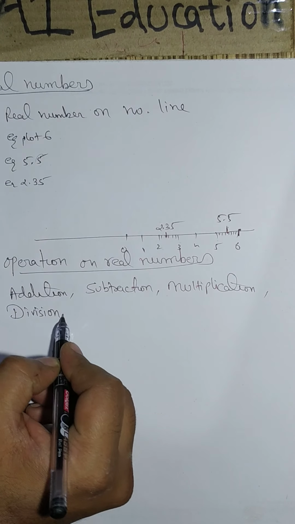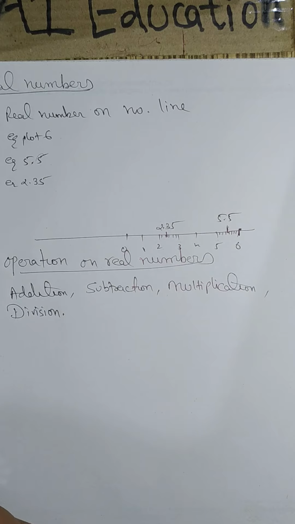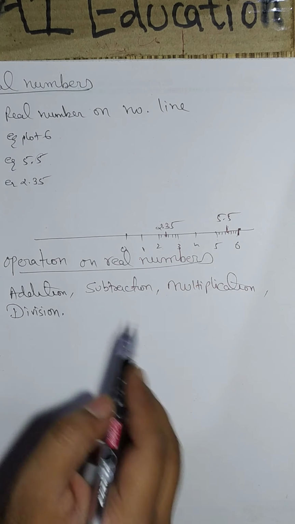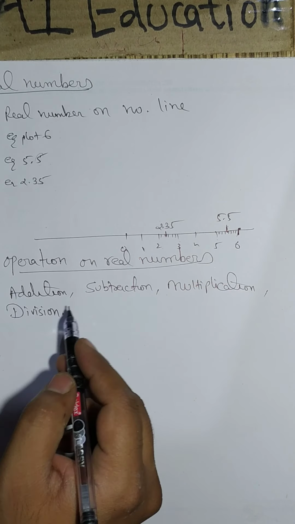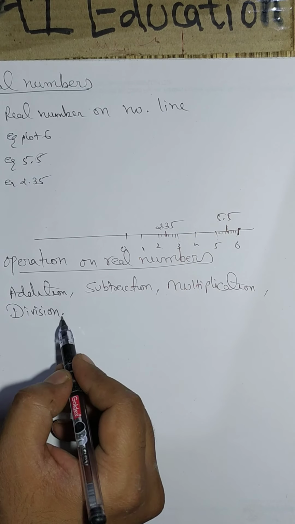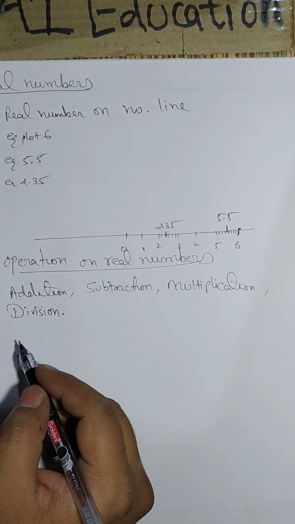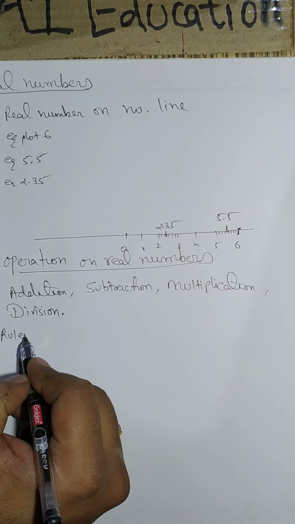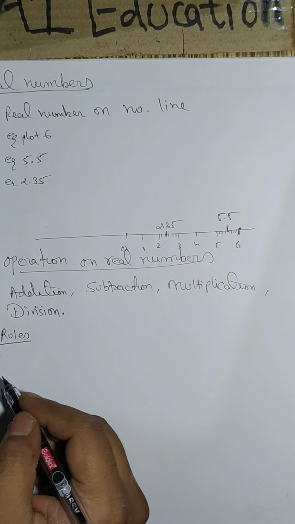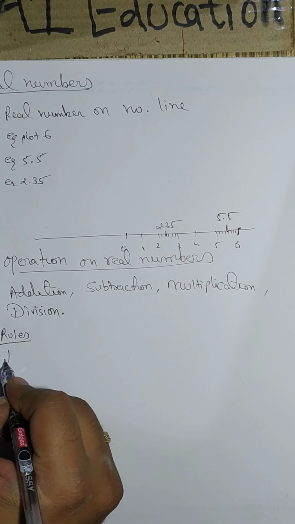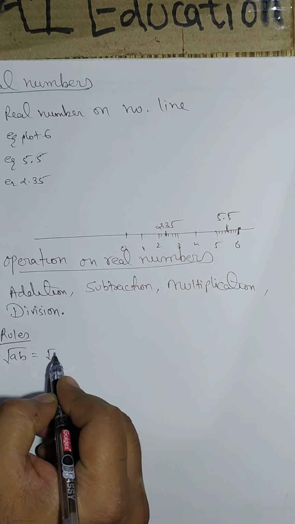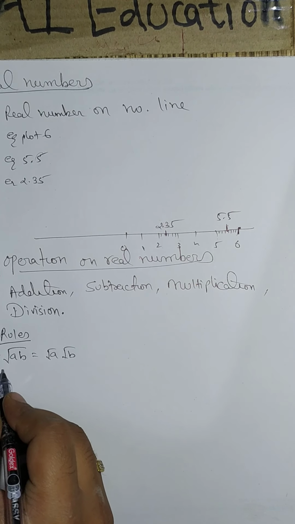Let us see all of them. Before we understand all four algebraic operations, let us see some rules of working with real numbers. These rules must be kept in mind while doing the sums.